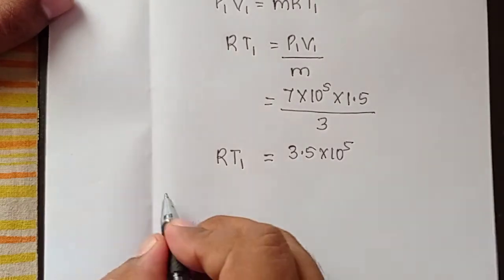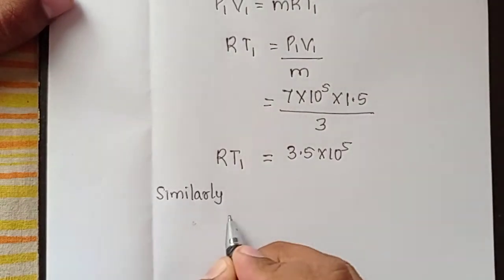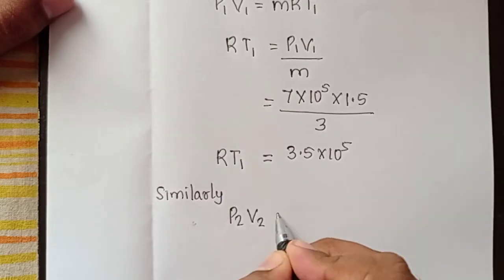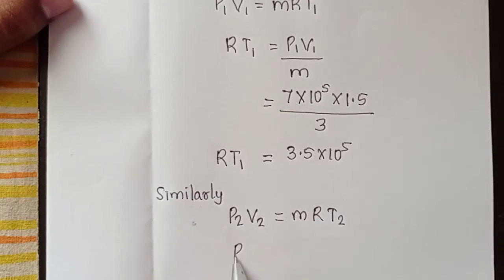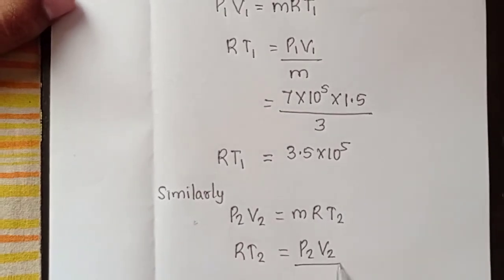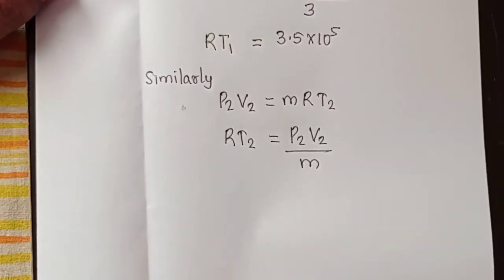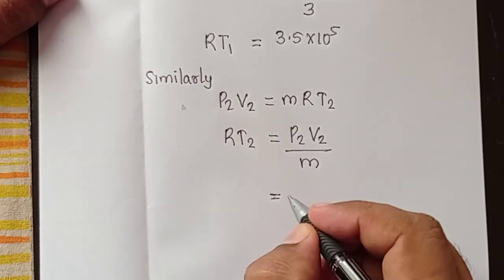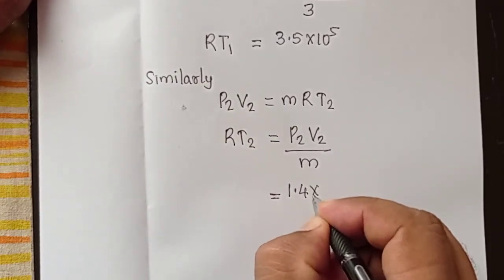Similarly, P2 V2 will be equal to m R T2. So again I will find the value of R T2. R T2 will be equal to P2 V2 by m. I will repeat, R T2 will be equal to P2 V2 by m. P2 is known to us, that is 1.4 into 10 to the power 5.